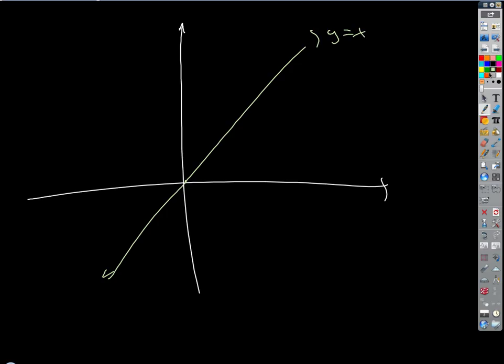So if I've got some function down here, and let's say this point has coordinates h, k, and if this is f, then f prime of h is equal to a. Well then what am I going to end up with over here?